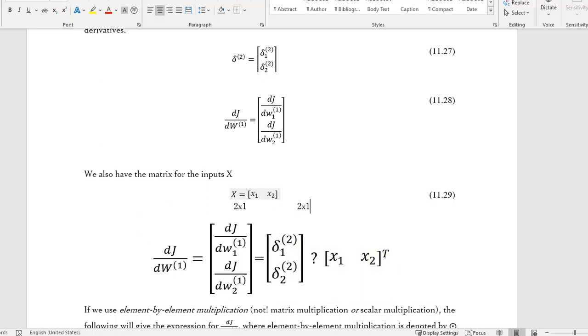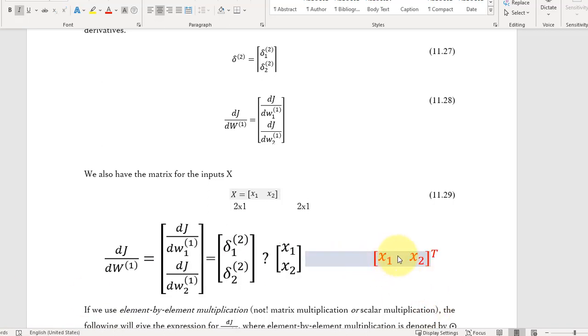However, we can talk about something called element by element multiplication. Now let me rewrite this, because I do want the transpose, but let me just put it in there, what it would look like, just so you can visualize this. So I'll write the transpose like this, so that we can see it easily.